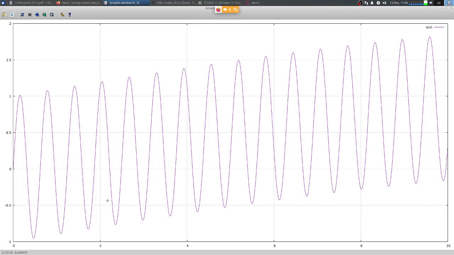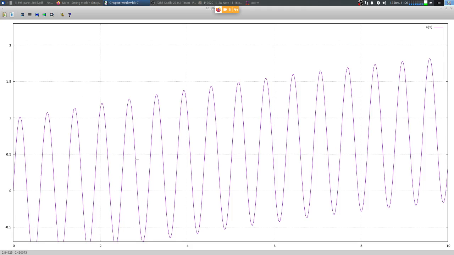So 10 radians per second signal riding on top of low frequency component, right? So this 0.1 radian per second is the baseline for this 10 radian per second component. But the signal you see is still predominantly 10 radian per second for the acceleration trace.